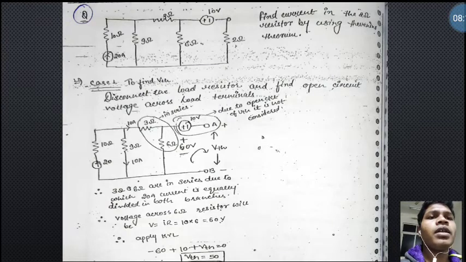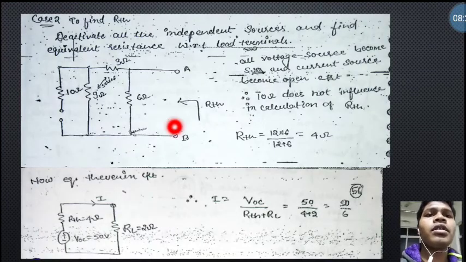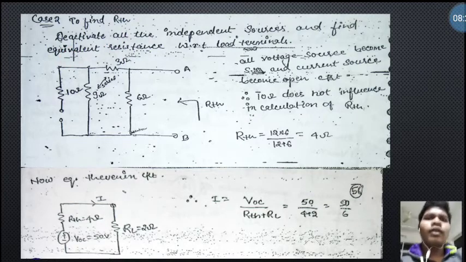Now what we need to calculate is the Thevenin's resistance, and after that we will conclude with this diagram. So this is case 2, to find the Thevenin's resistance. First deactivate all the independent sources and find the equivalent resistance with respect to the load terminal.